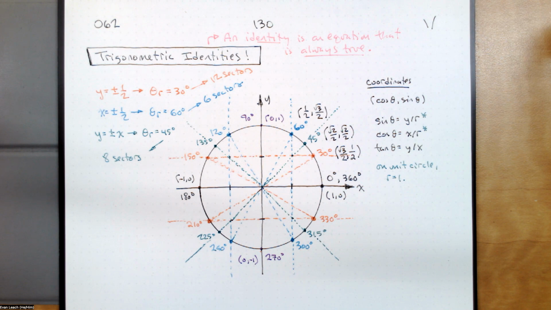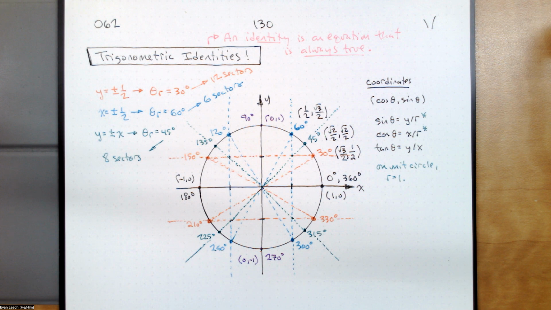Sine is y over r, cosine is x over r, tangent is y over x. So that means we could find tangent by doing sine over cosine. Y over r divided by x over r. The r cancels out and we get y over x. So a lot of the trig functions are related.